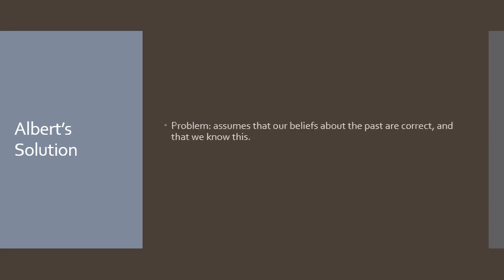So that's what David Albert says. But the problem with this is that this answer just requires assuming that our beliefs about the past are correct and that we know this. But if we're entertaining the two-way entropy law, we can't assume that. Our memories are only reliable indicators of the past if the one-way entropy law is correct.